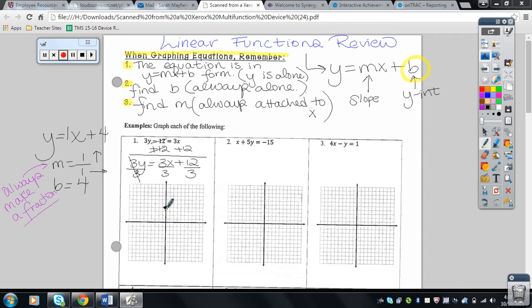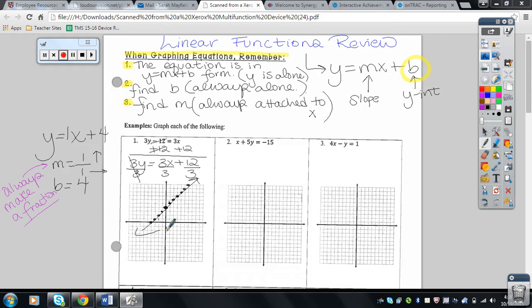So from this point, you go up 1 over 1, plot a point. Up 1, to the right 1, and keep going. Now, if you want to go in the reverse direction, instead of going up, you're going to go down, and instead of going to the right, you're going to go to the left. And connect your dots. And I have my line.